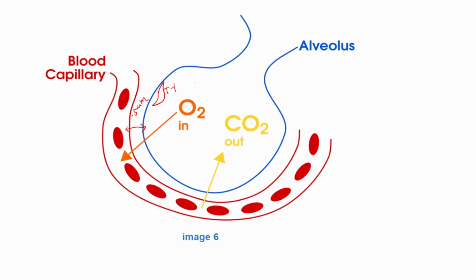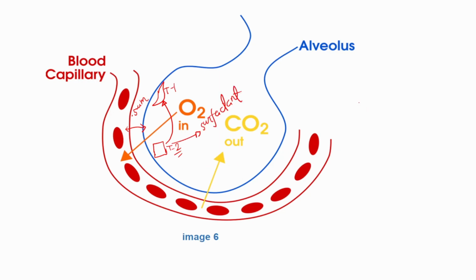The remaining surface is occupied by type 2 pneumocytes. These are cuboidal. Let's say this is a type 2 pneumocyte, and they have two massive responsibilities. First, they act as the progenitor cells, meaning when type 1 cells are injured, type 2 cells proliferate and differentiate to make these type 1 cells. Second, they synthesize and secrete a crucial substance called surfactant.